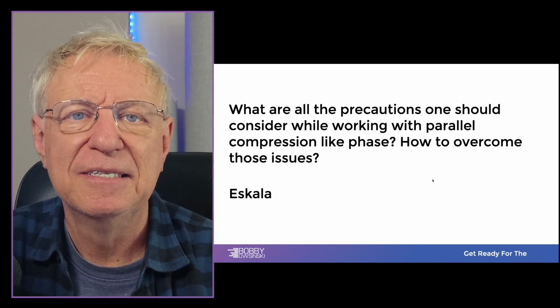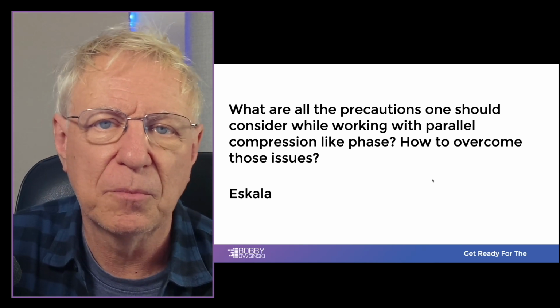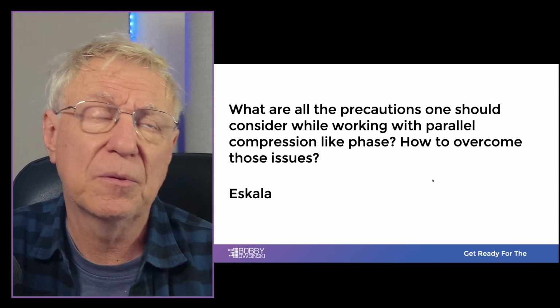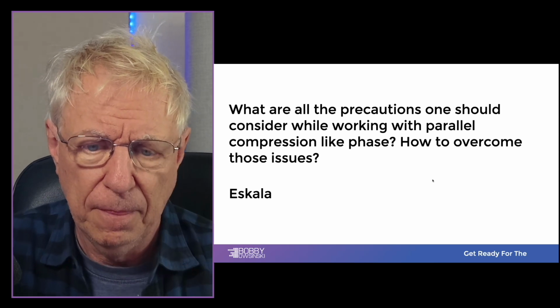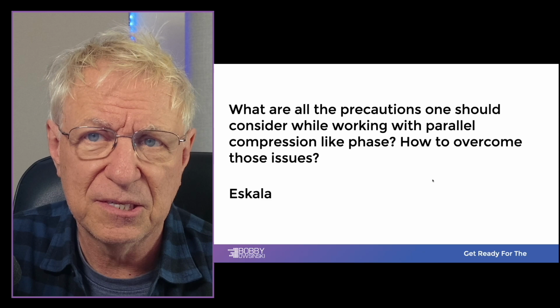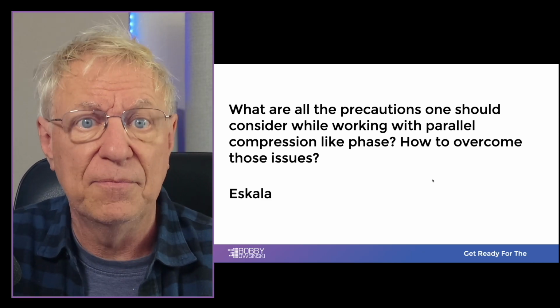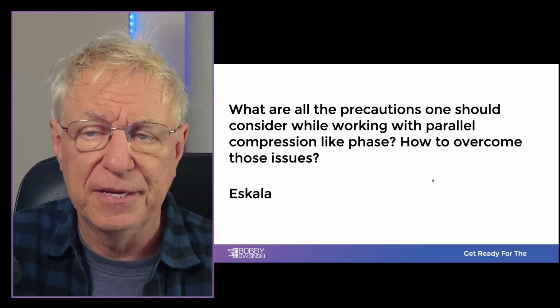From Escala, what are all the precautions one should consider while working with parallel compression, like phase? How to overcome these issues? When you're using a parallel compressor, you're taking a track and duplicating it, and then you're adding compression. If you're adding any kind of processing on this duplicated track, it takes a little time for that to process, and that adds some phase issues.